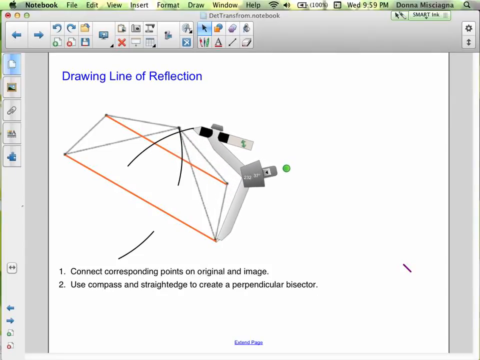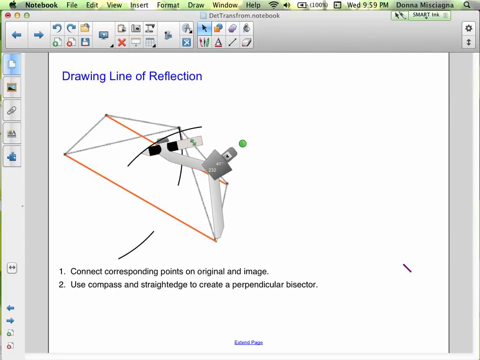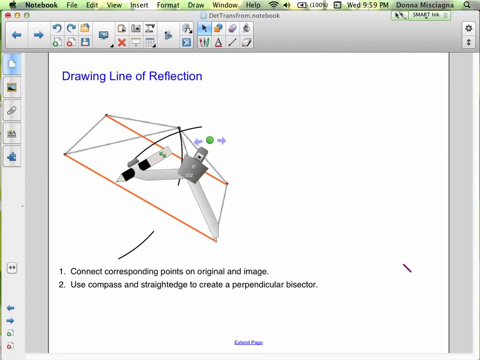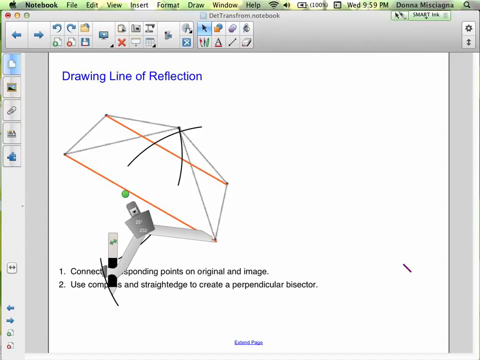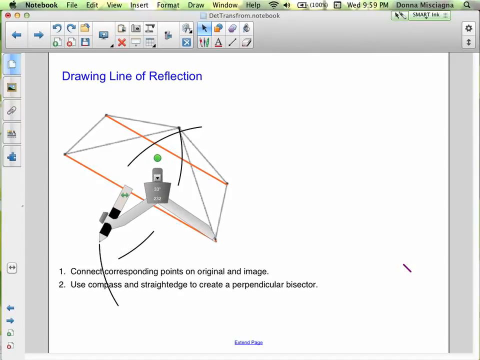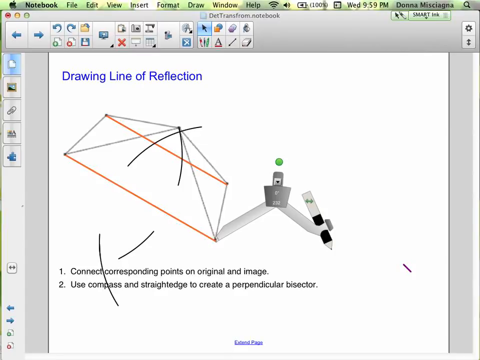I should have probably used a different color other than black. It kind of blends in with the original figure. But my lines are darker. Oh, and what I didn't do. One thing you want to make sure is that you make the arcs long enough. I must have thought I was leaning against the compass, and I wasn't, and my arc is too small, so I'm going to have to redraw that one.